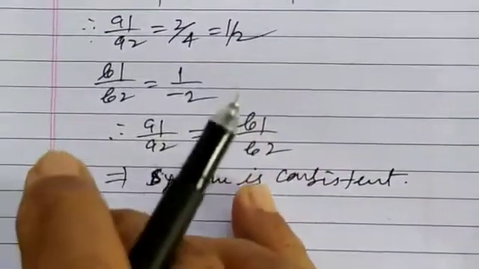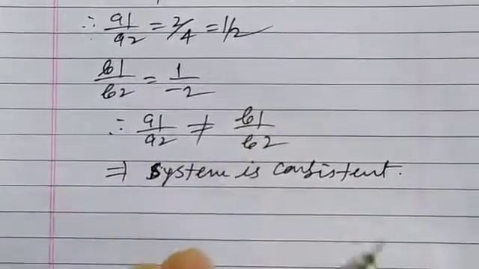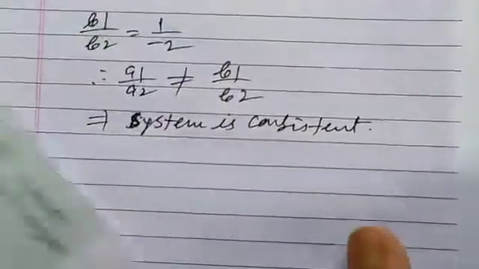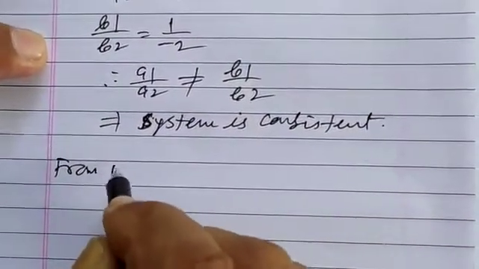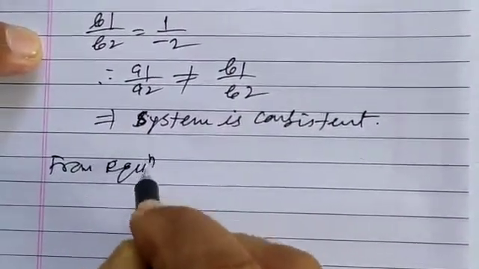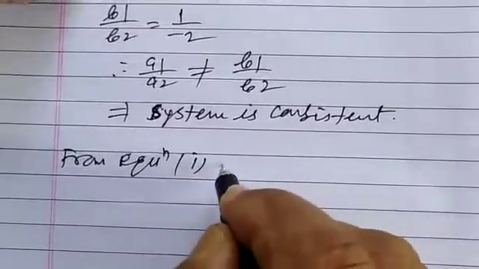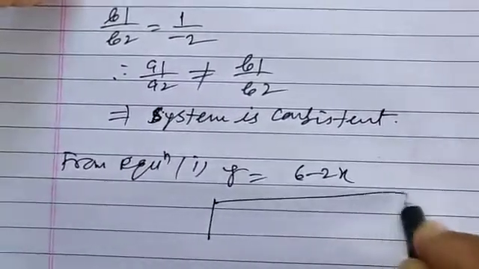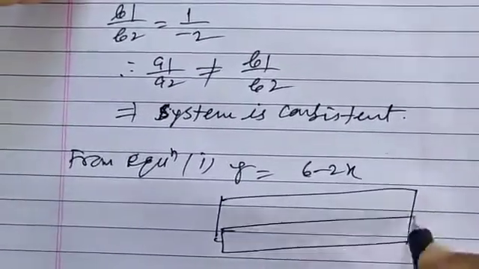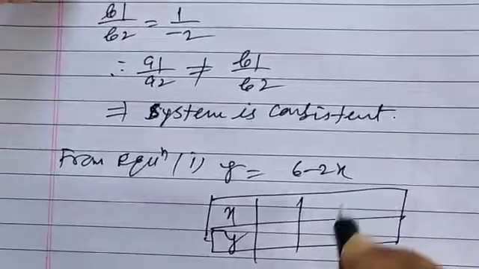Now we will sketch its graph. So first of all, from equation 1, we have y equals 6 minus 2x. So we will make the table. This is x, this is y.